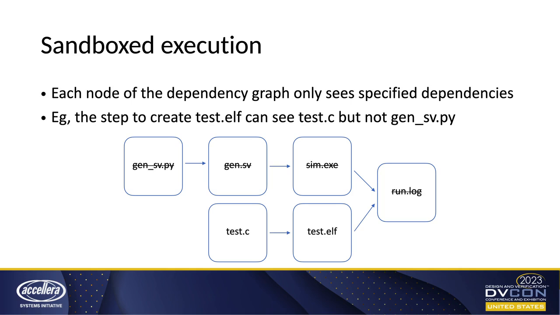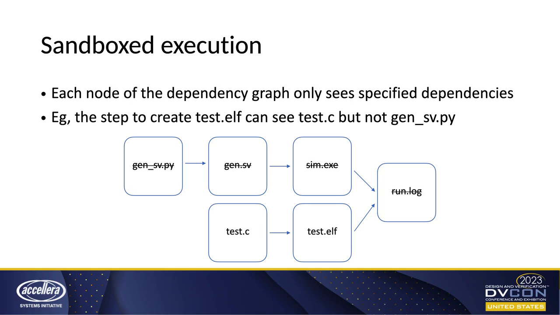When you run make and you say make test.elf, it'll run make test.elf in your source tree, and the command that it runs can easily access other files. Like it could easily access gen.sv if it wanted to. It's right there. And make doesn't warn you that this happened or anything.